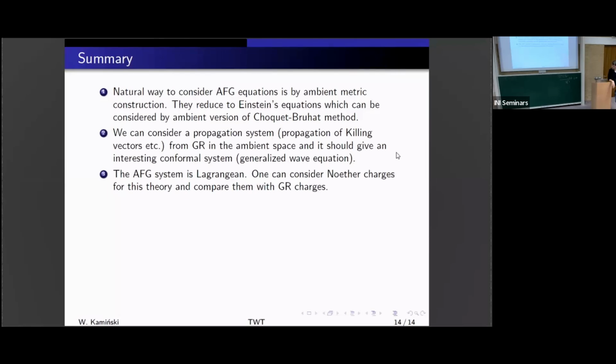I don't remember, but I think it is related to this work with scattering. I'm not sure that it will work in the Lorentzian signature.